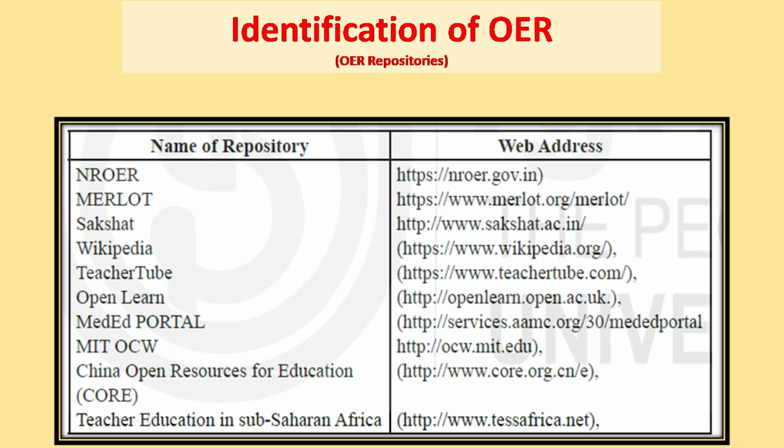So friends, you can make use of these repositories also to get OERs related to the topic that you are teaching in your educational institution. So these are some of the ways of identifying OERs. This is one of the steps or procedures that you need to carry out when you are curating the OER.